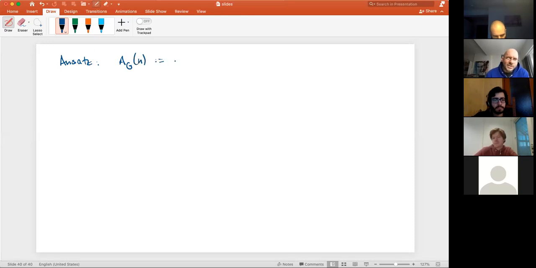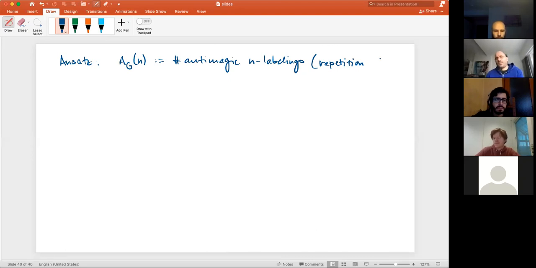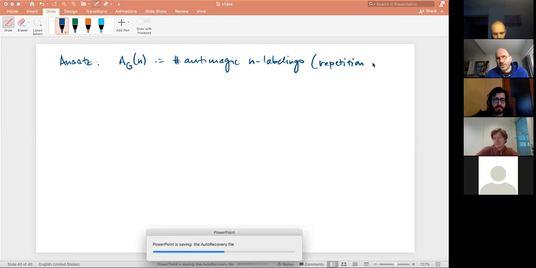So this is the number of antimagic n-labelings with repetition allowed. So I could have the same label on two different edges.